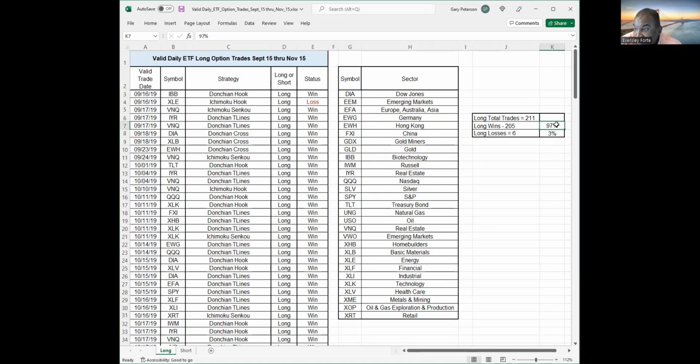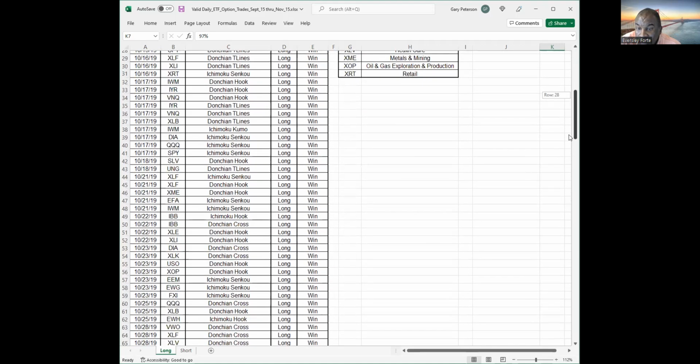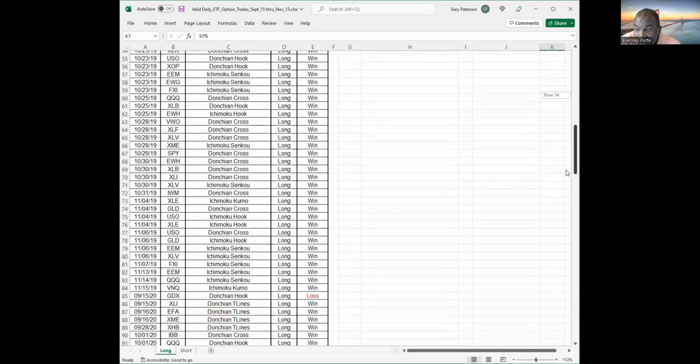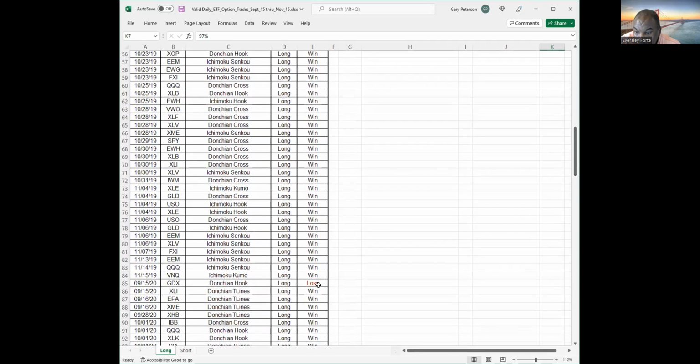So 97% wins. This is going from 2019. If you take a look in this column, here are the losses. 2019, win, win, win. Lots and lots of wins during that time period. 2020, 1 loss here.